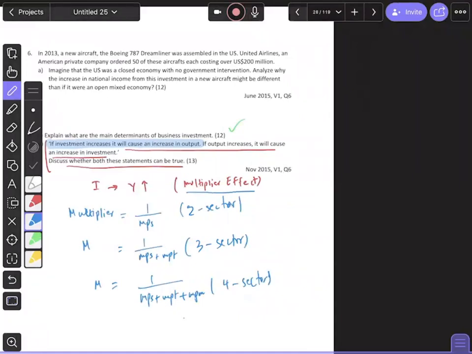So we can say that the larger the multiplier, the larger will be the change in income.